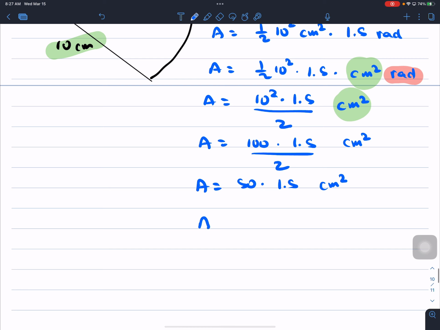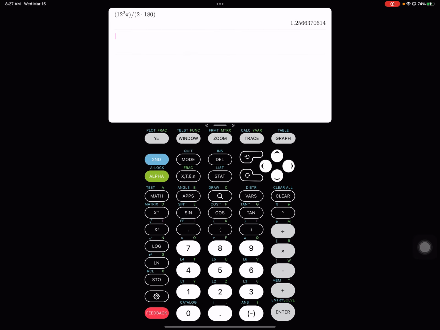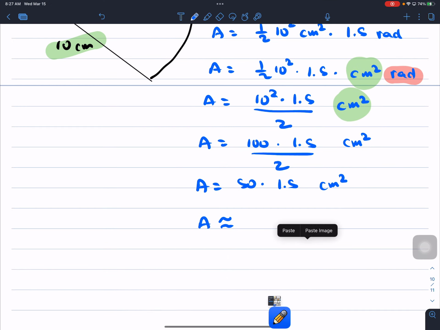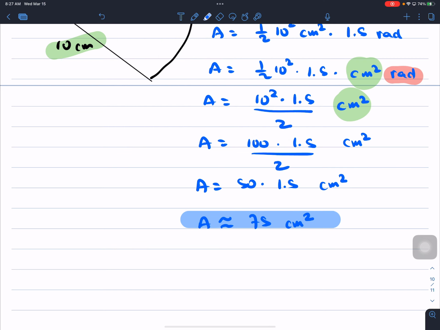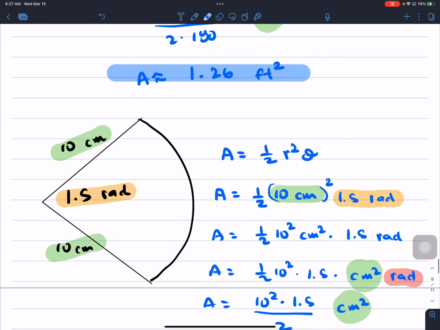So now we just have to use our calculator, right? 50 times 1.5. So say calculator, 50 times 1.5. What's this? 75. 75 centimeters squared. There you go.